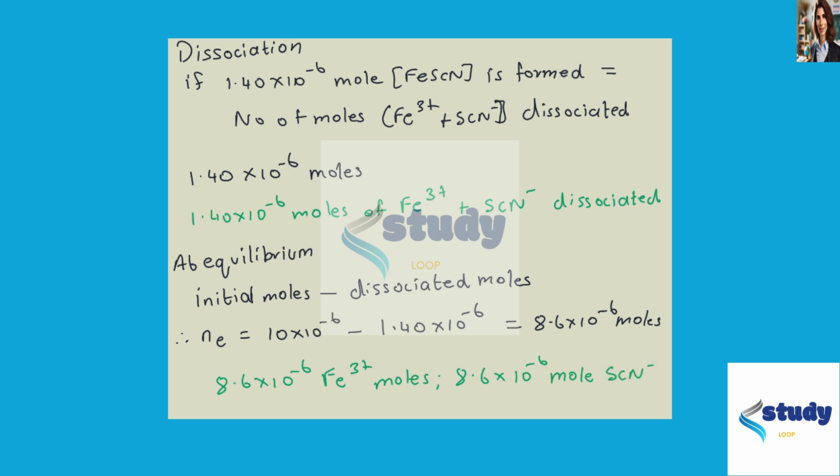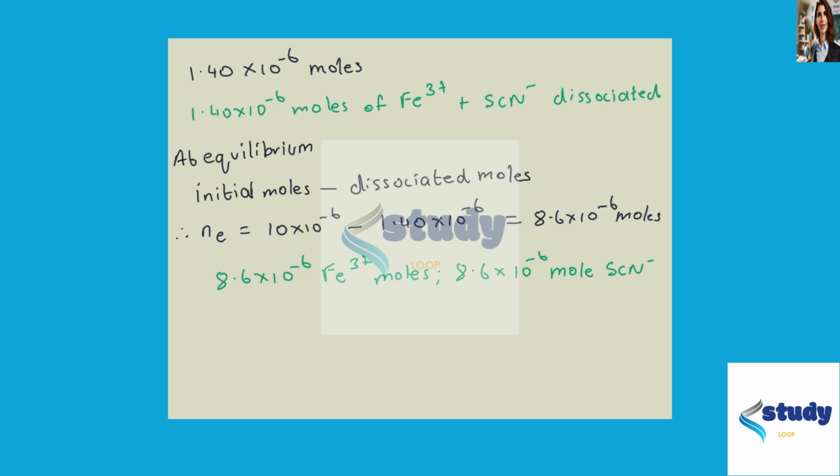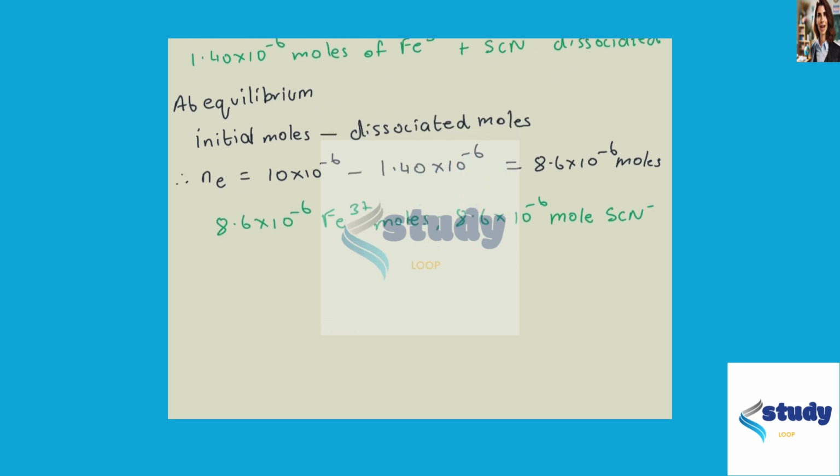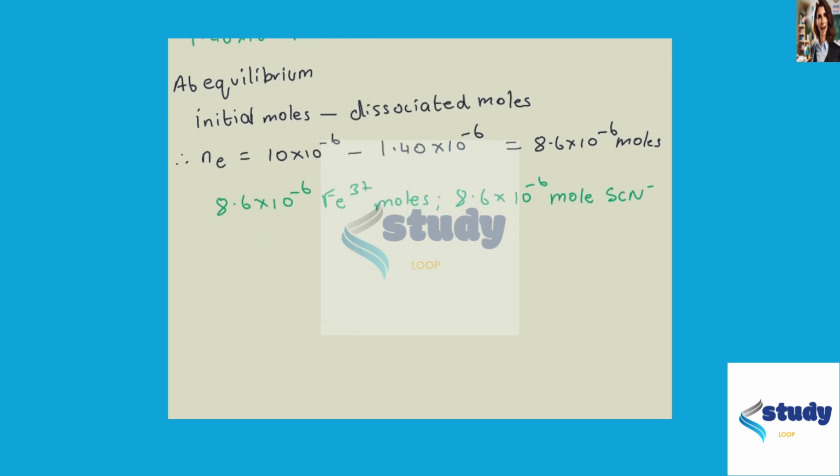From this, if we draw the ICE table, it would be Fe3+ plus SCN- gives FeSCN2+, and it will be 10 × 10^-6, 10 × 10^-6, 0.